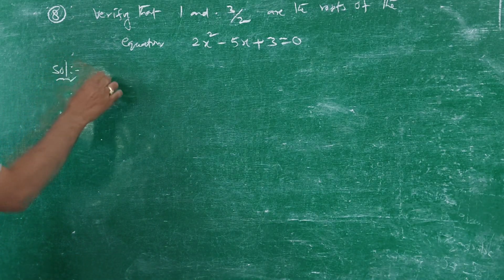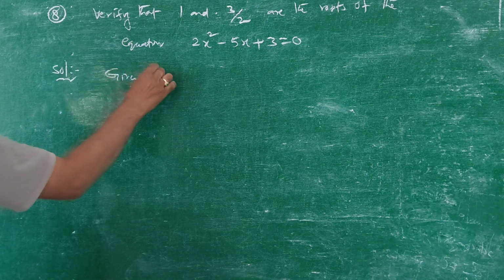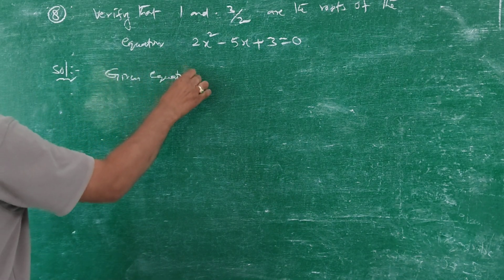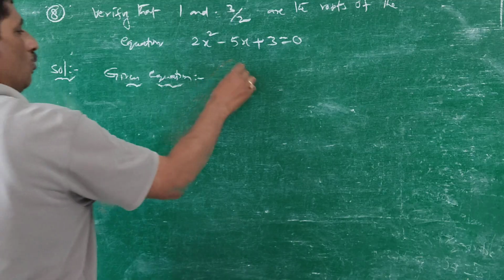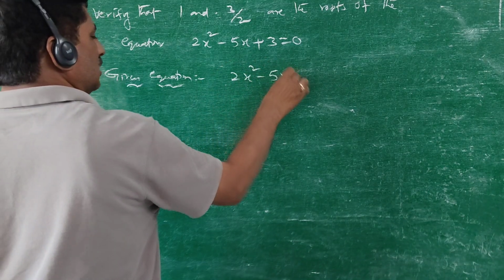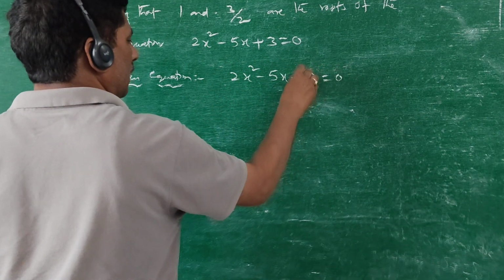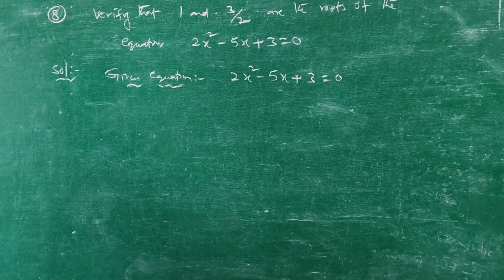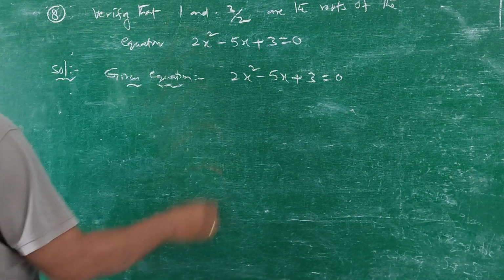Given equation: 2x square minus 5x plus 3 equals 0. Now I have to verify the first one.